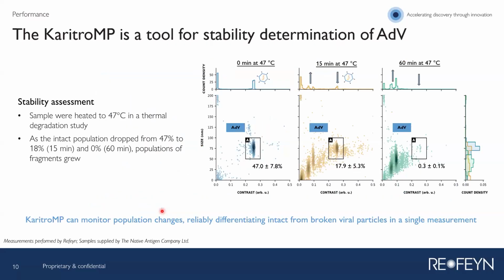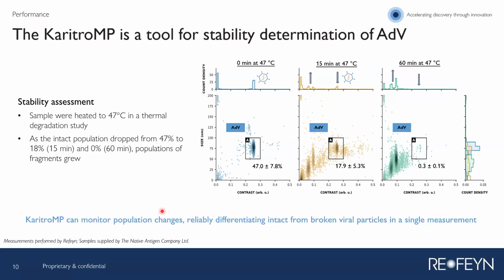So now that we've established its reliability for heterogeneous population measurement, and its use as an early tool for process optimization, we wanted to look at other development workflows where KaritroMP can be utilized. As we all know, one of the key aspects for vaccine and drug therapy is to understand and monitor the stability of your viral product. So here we adopted KaritroMP as a stability monitoring tool for a sample that was heated at 47 degrees for different incubation times.